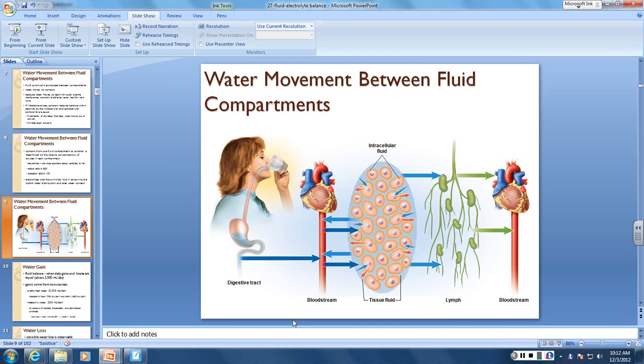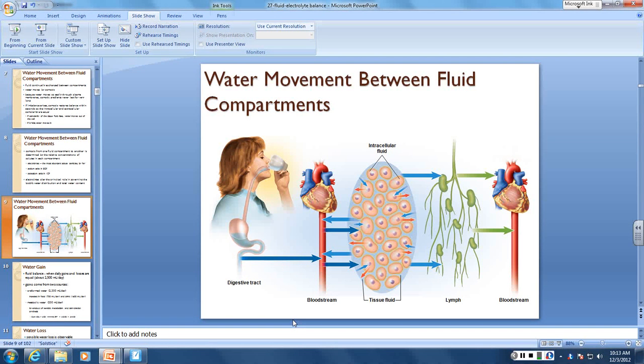So you can see water doesn't come from the blood into the digestive tract. Everything is showing you the direction that water can move. But water can move from the tissue fluid to the bloodstream and from the bloodstream to the tissue fluid. So you see the arrows telling you that.